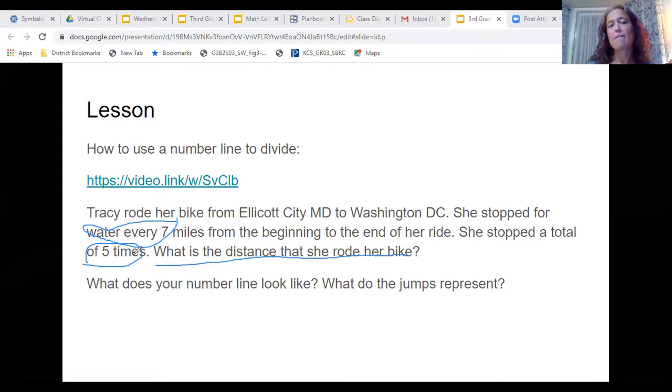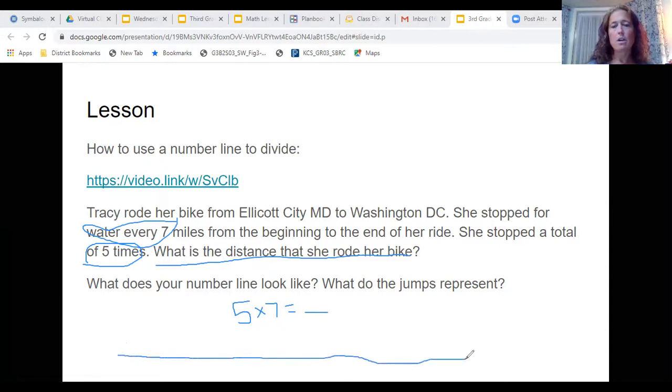Okay, so there are 5 groups of 7, which is multiplication. 5 groups of 7. And we want to know how much that equals, and that will tell us how many miles she rode. Okay, so let's go ahead and draw our number line. You may do one at home too, or at school if you would like to do that.